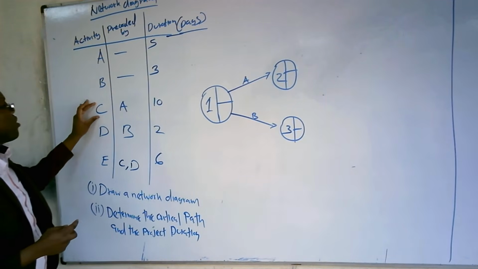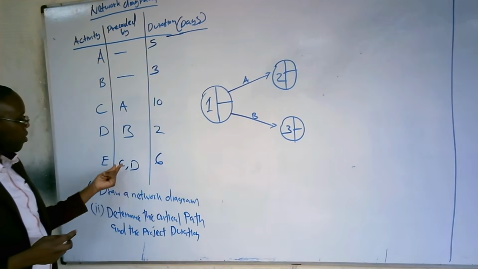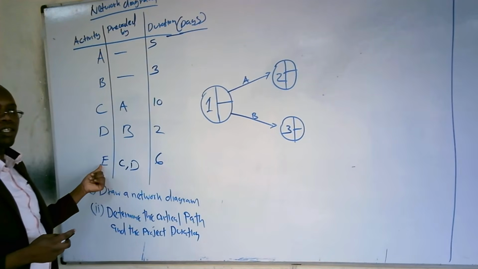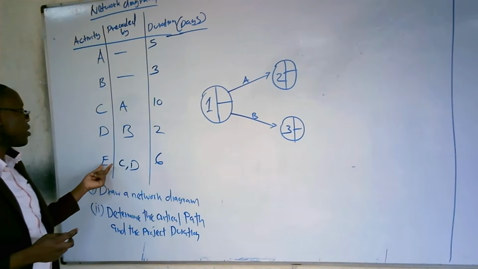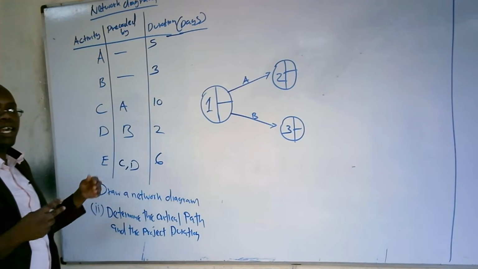So activity C is going to start from A, and we have seen that activity C is a predecessor of E. Then it means that before we start activity E, C and D must end together.